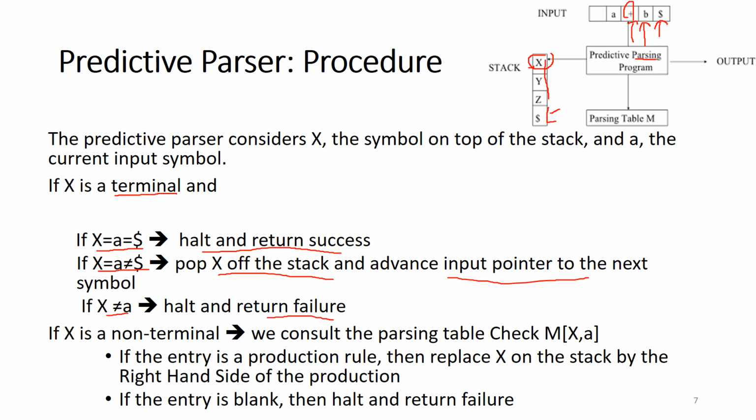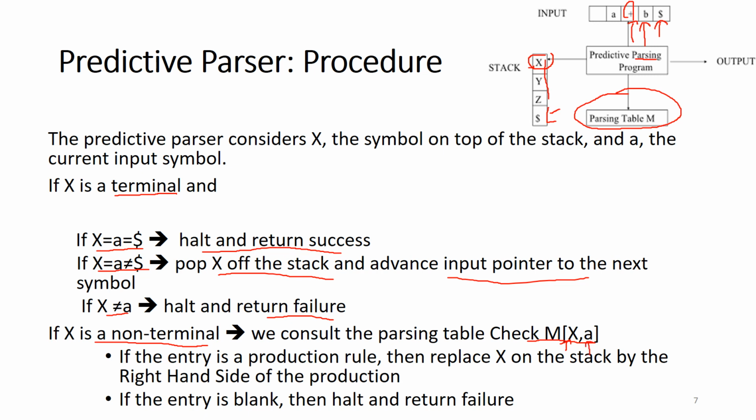Now we consider the case where X is a non-terminal. In that case, we consult the parsing table, which is a two-dimensional array, and check the entry at M of X comma a, where X is the non-terminal at the top of the stack, and a is the current symbol under consideration.